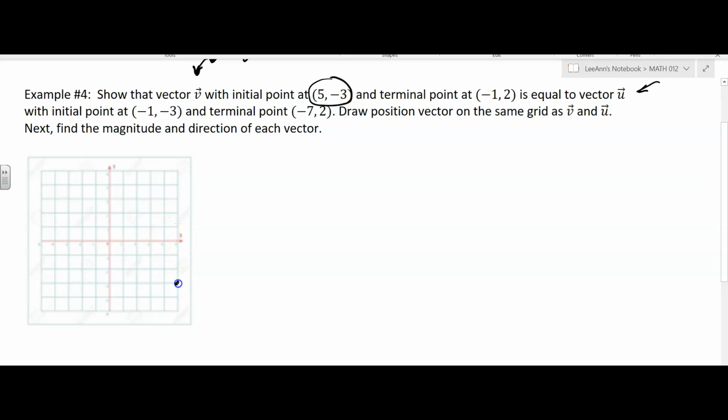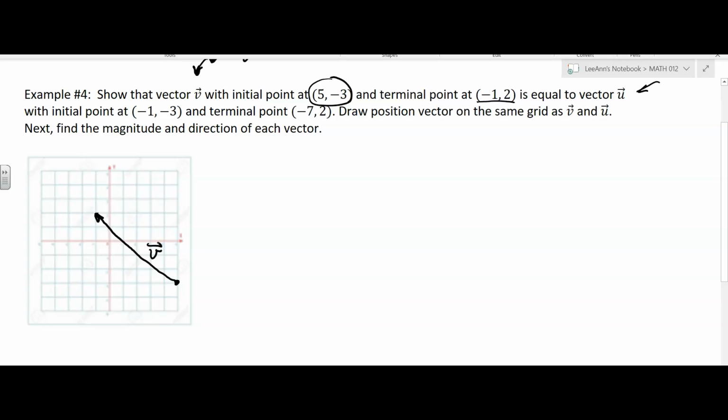We're saying that's an initial point, and then it has a terminal point at negative 1, 2. So we get this vector going like this, and we would call that vector v.